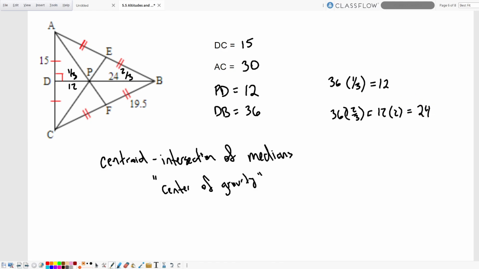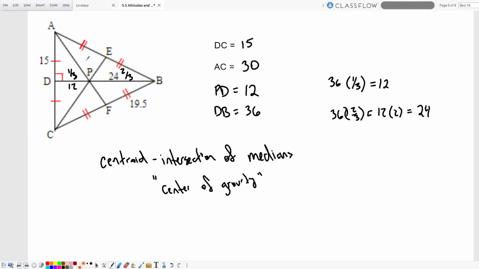So that matches the measurement there. So from the centroid to the vertex is 2/3. From the centroid to the midpoint is 1/3.